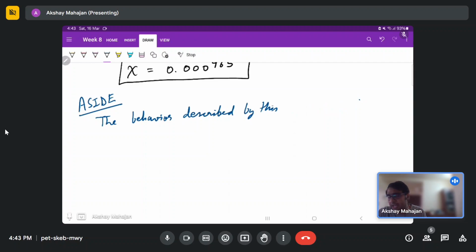The spins were not interacting with each other; they were interacting only with the magnetic field and the temperature. The behavior described by this non-interacting system is paramagnetic.